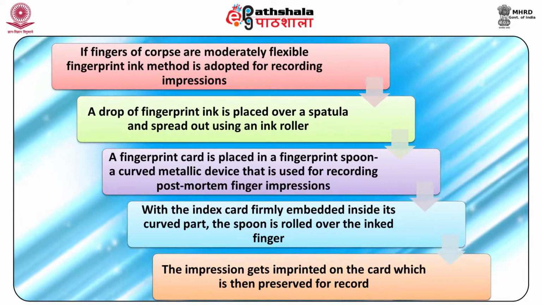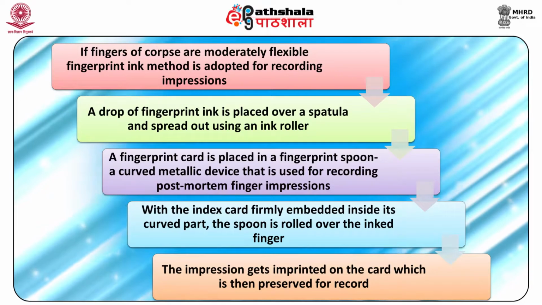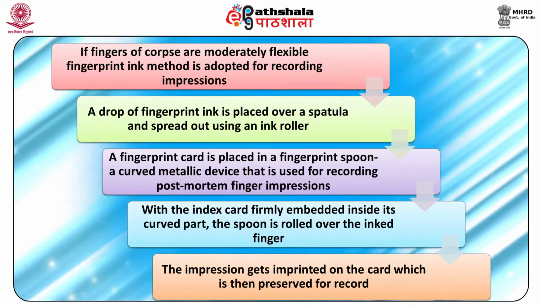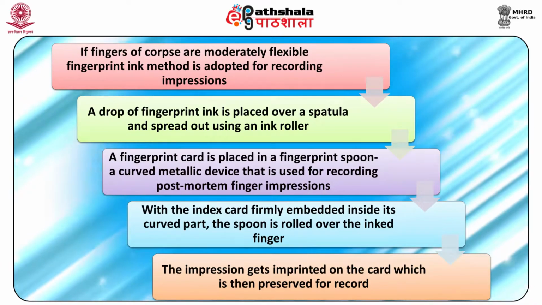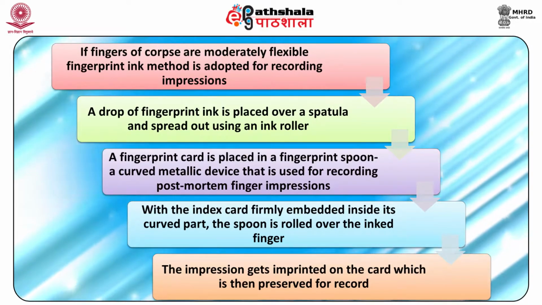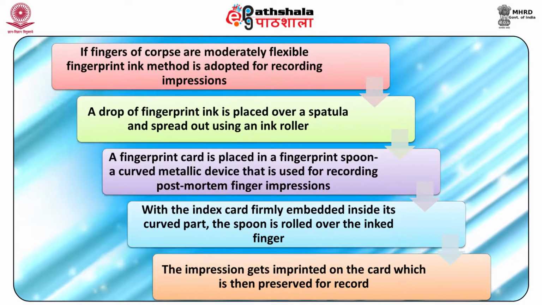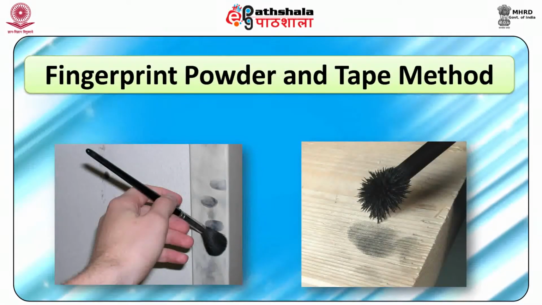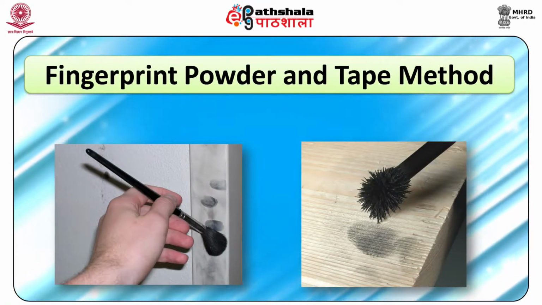The impression gets imprinted on the card, which is then preserved for record. The procedure is repeated with the remaining fingers. At a time, only one particular finger is inked, and after its impression has been printed, the next finger is inked. Now we will study about the fingerprint powder and tape method.